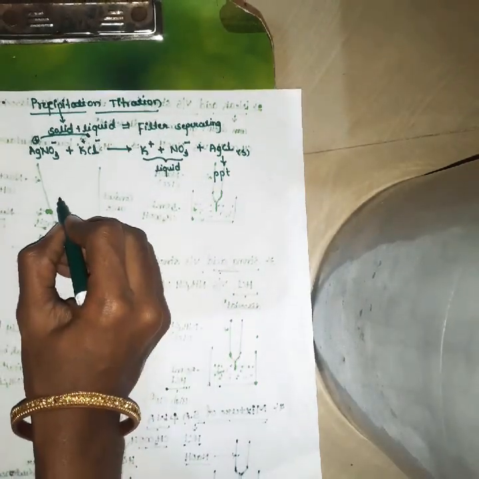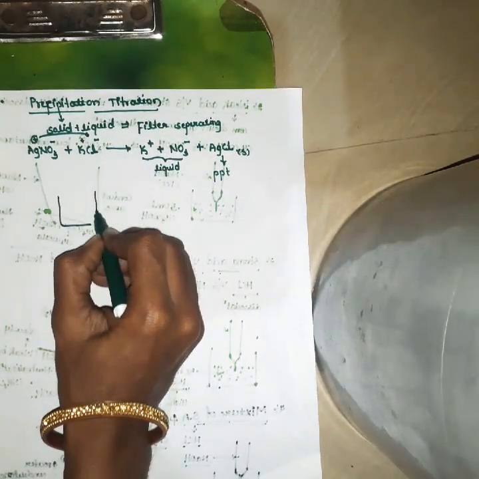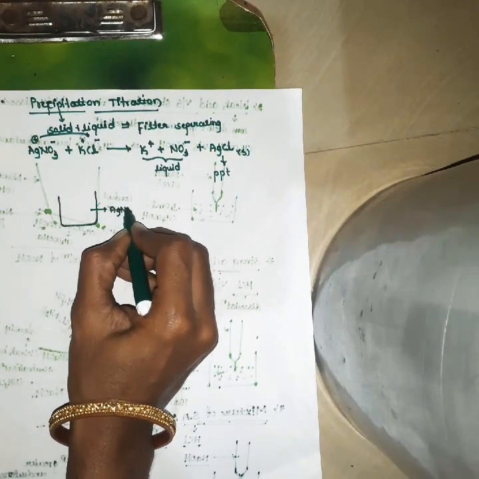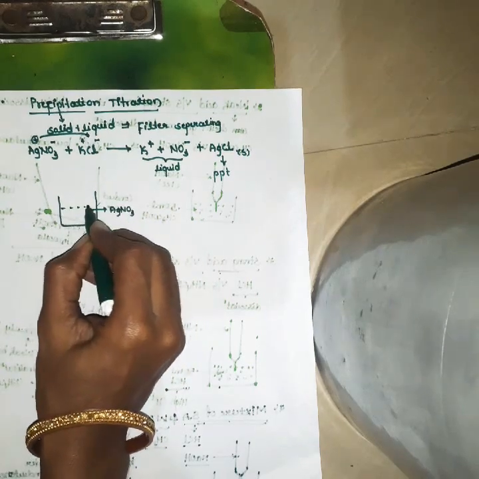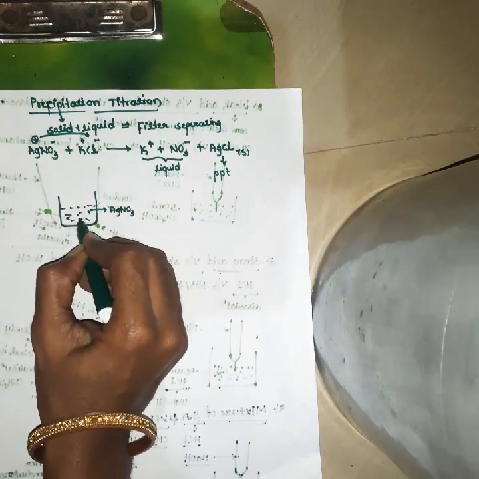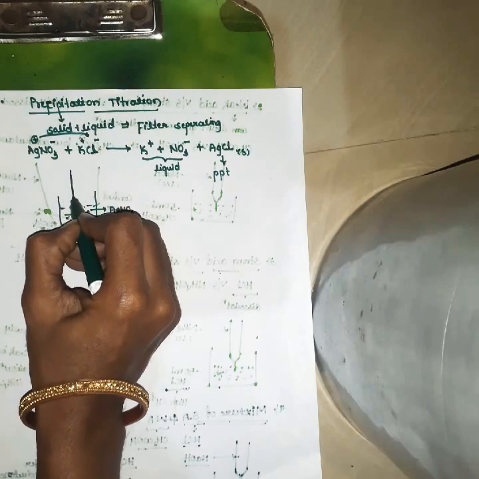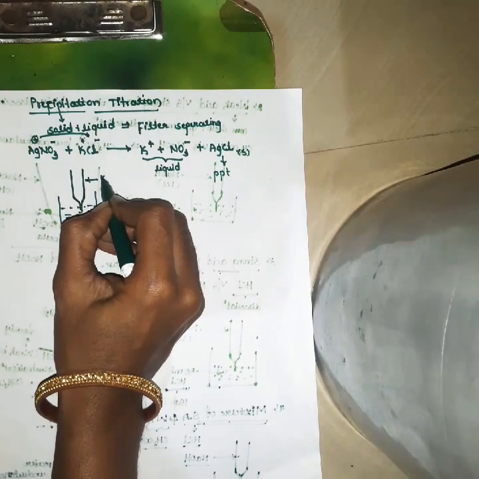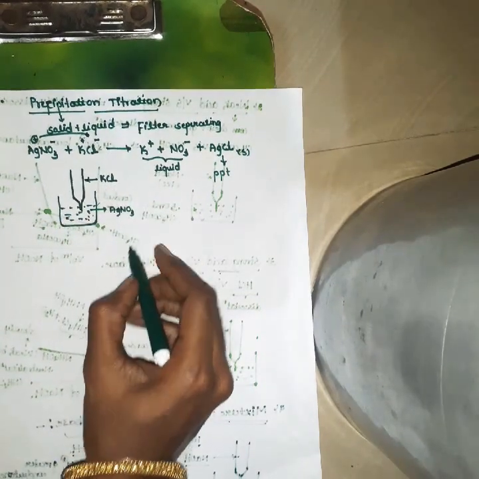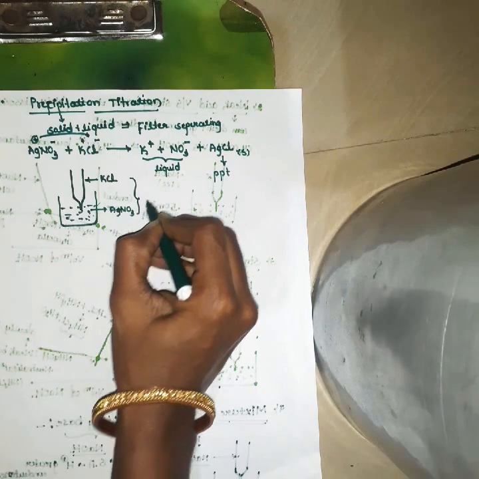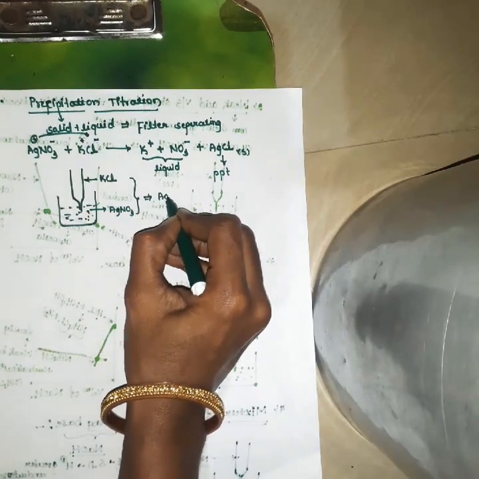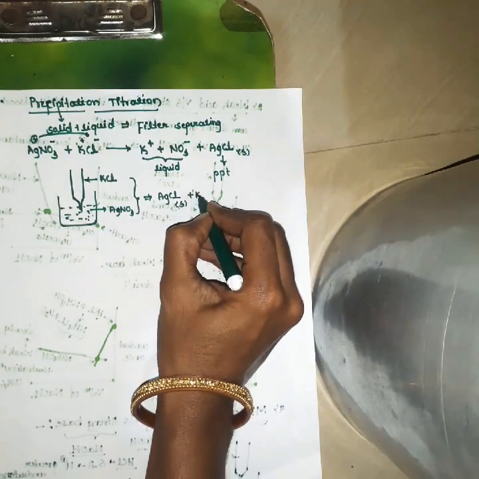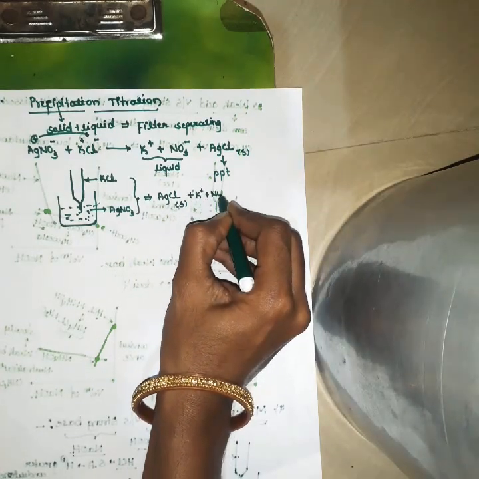How does it form? Consider here also the same. Take AgNO3 in the beaker. After adding KCl from the burette, it will form AgCl as a precipitate plus K plus NO3 minus.